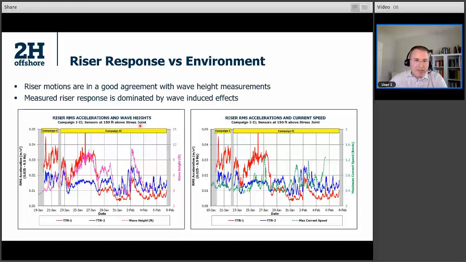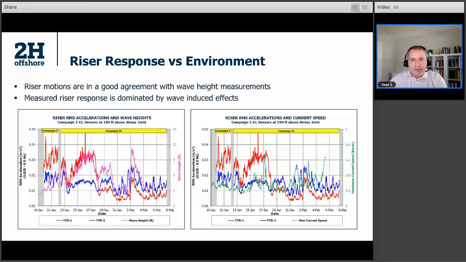The TTR1 accelerations in this figure are shown in red color, and TTR2 accelerations are shown in blue color. The figure on the left correlates these motions with the measured wave height, and the figure on the right shows the correlation of these accelerations with the measured current speed.